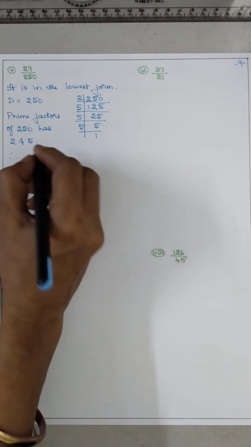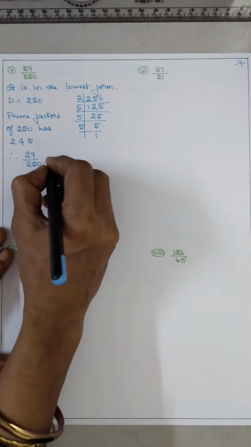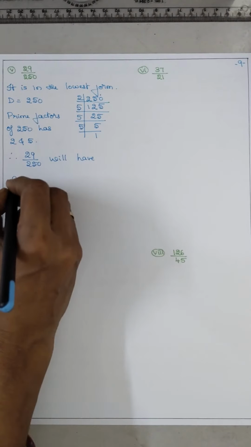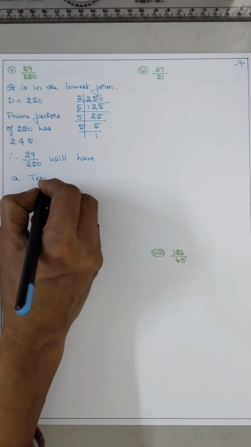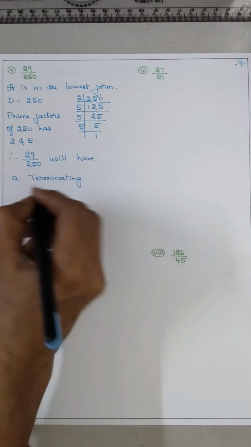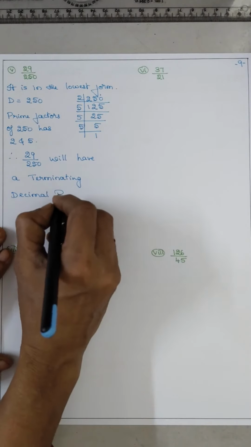Therefore, 29 by 250 will have a terminating decimal representation.